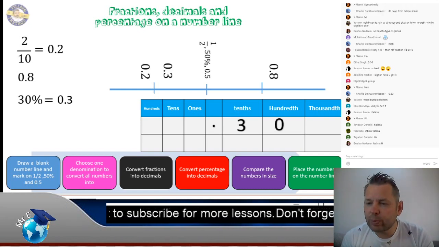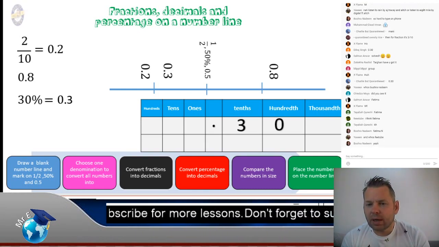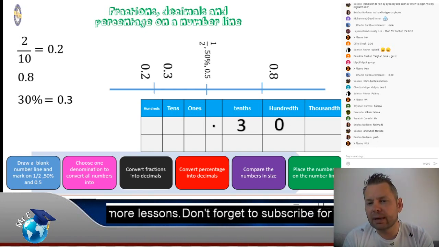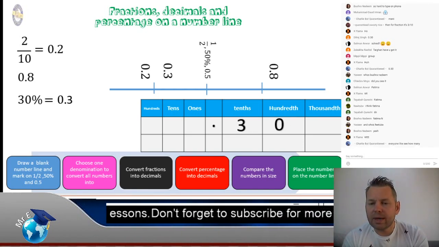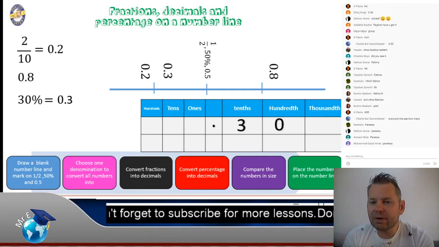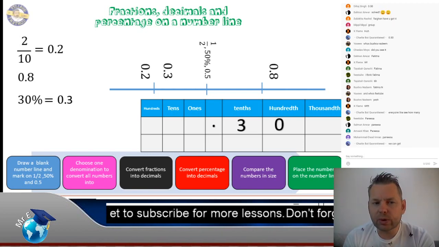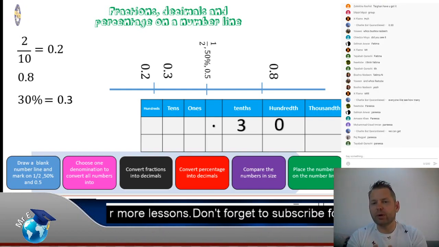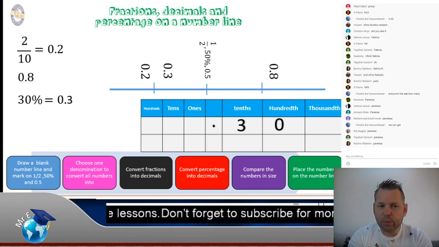Now, it's not super important that you are exactly right when you're placing things on a blank number line. What is important is that you are placing them in the right area. So if you were to put 0.3 before the quarter mark, then you wouldn't have been right because 0.3 is definitely larger than 0.25.